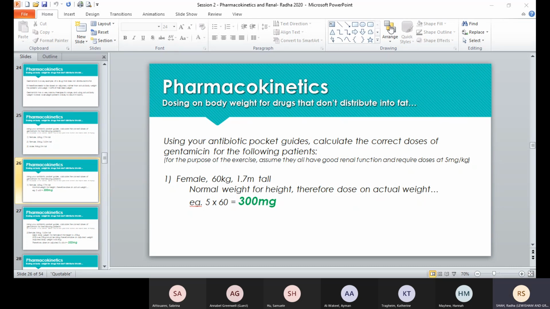So it goes in this table, and then here is the weight. You can see.